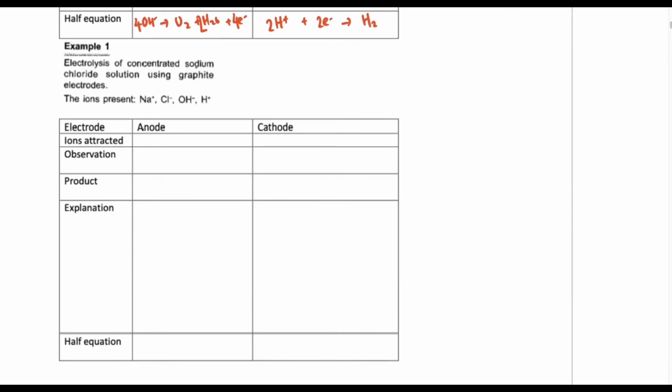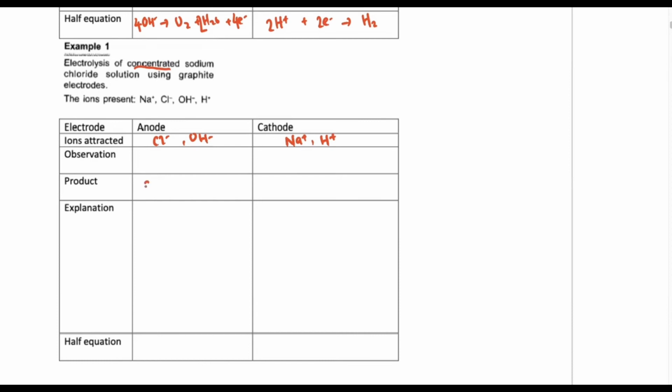Now, electrolysis of concentrated sodium chloride solution using graphite electrodes. Now it's concentrated. Again, the ions attracted to the anode are anions: chloride and hydroxide. The cations are sodium and hydrogen. If it's concentrated and a halide is there, we have to choose the halide.